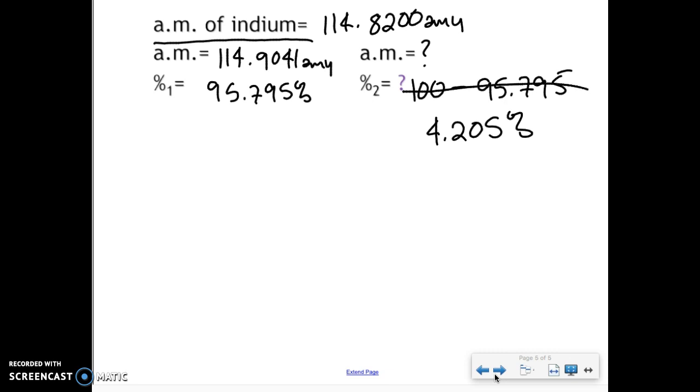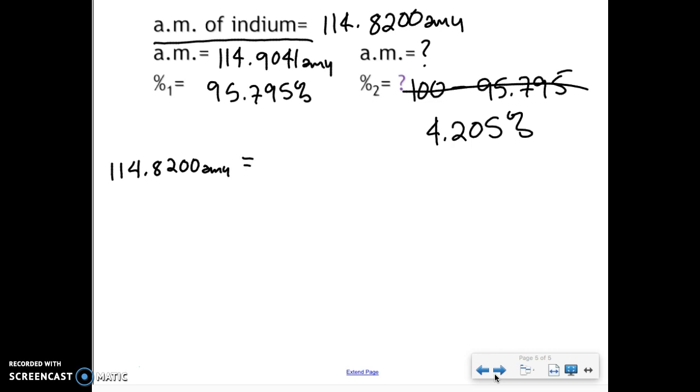And then it's pretty easy to solve. All I need to do is to substitute all of this information into the equation to solve for atomic mass. Now here's the best part. We already have the atomic mass. We've got 114.8200, sorry, I need to rewrite that. 114.8200 AMUs. And that's going to equal our mass of the first isotope.